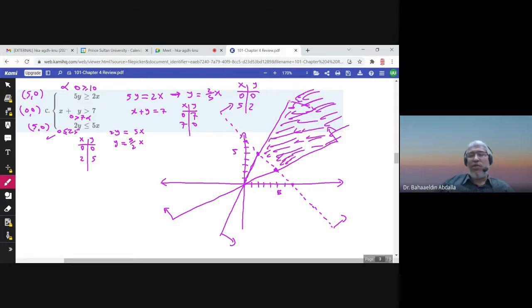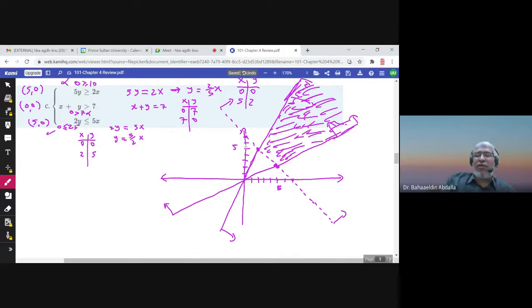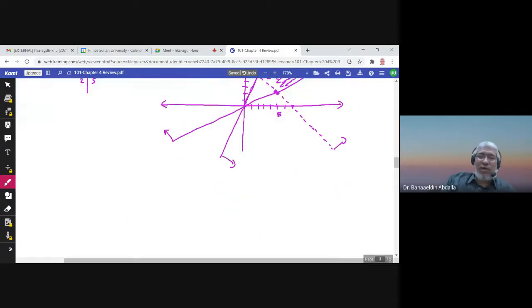So in this region, we are below this line and we are above this line and we are to the right of this line. So these points are the corner points, but they are not solutions in this case because this line is dashed. So this is the graph of this system.